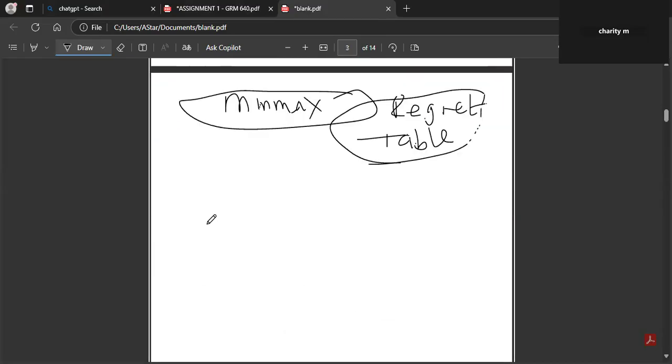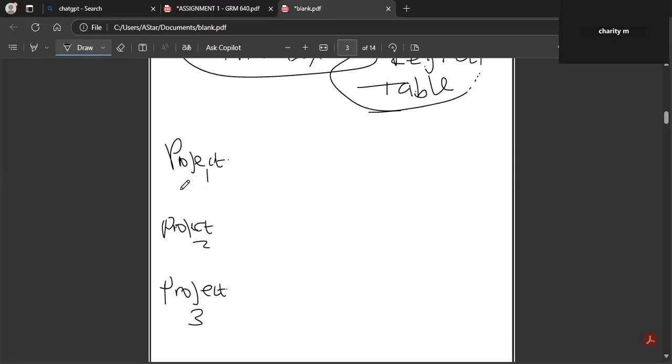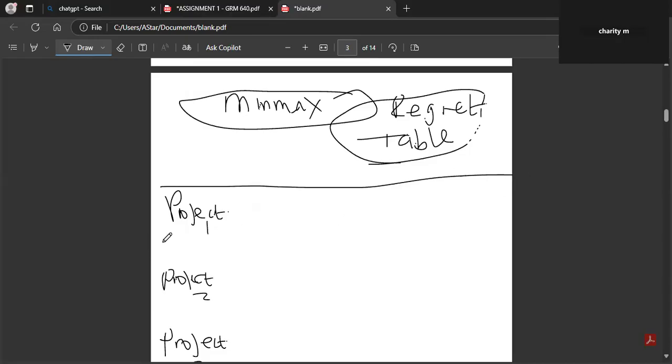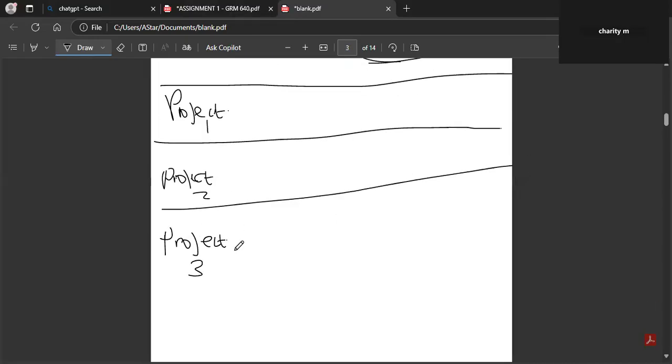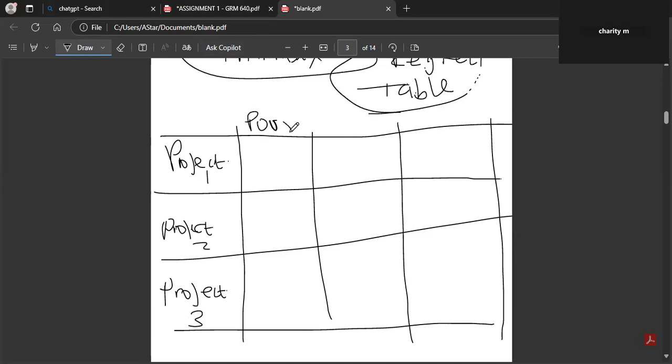So we have project 1, project 2, and project 3, with the economy poor, fair, and good.